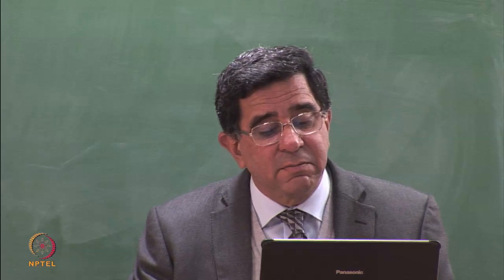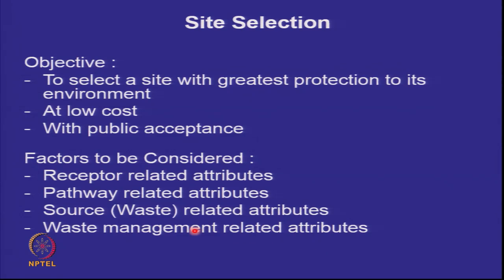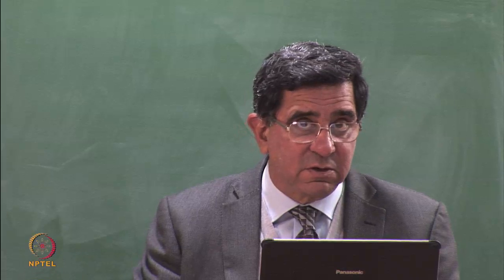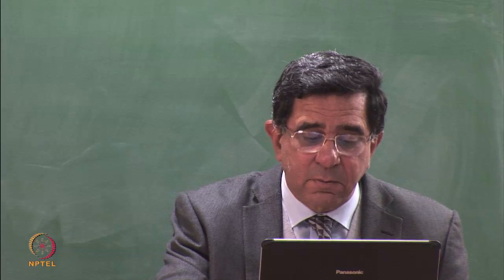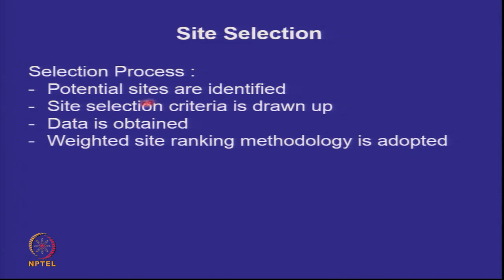And waste management attributes. So these are the 4 sets of attributes which have to be considered. Decision making is not simple. Decision making has to be a multi-parameter approach, and so potential sites are identified, site selection criteria is drawn up, and a weighted site ranking methodology is adopted.